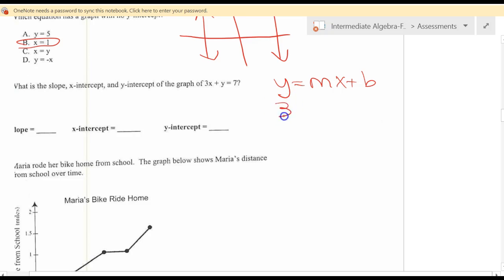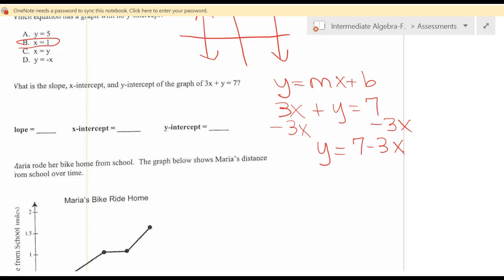So we're going to first start with 3x plus y equals 7, and we're going to rewrite it in y equals mx plus b format. So I'm going to subtract the positive 3x to the other side, and I get y equals 7 minus 3x. So now I can identify each of my parts. My slope is the number that's in front of the x, which is the -3.